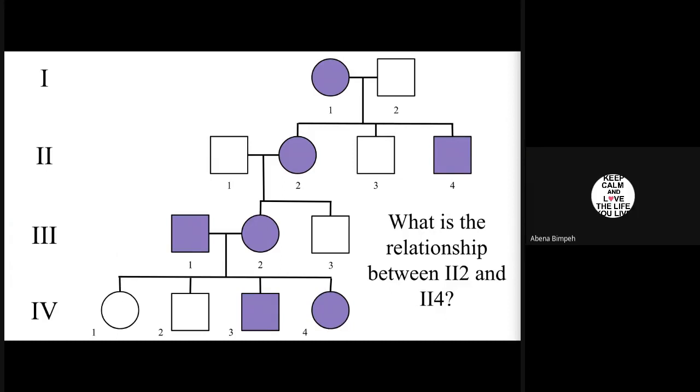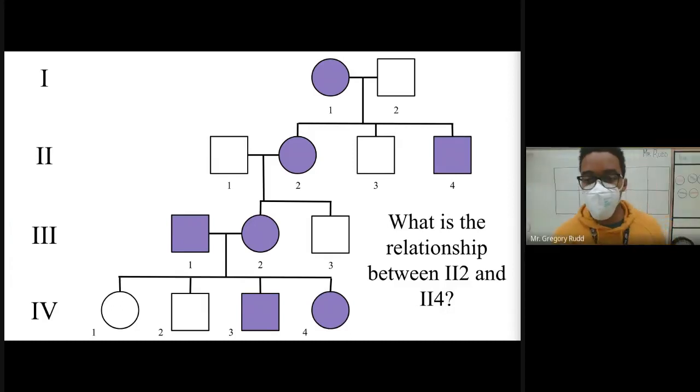Oh, yes, I see it. Good. They are siblings. What kind of siblings are they? Yeah, they're brother and sister. Specifically, II2 is a female, so she would be the sister, and II4 is a male, so he would be the brother.